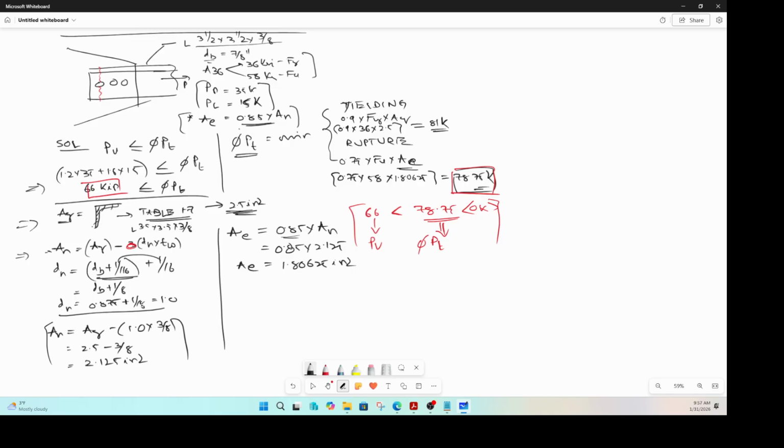So you subtract that, find out your A net. Once you know your A net and A gross, plug your A gross here, and then calculate the yielding strength as that much. Come back here and plug your AE here, and then calculate your rupture strength. The minimum of these two is the design strength. So the minimum of those two is 78.75, which is more than the load, the demand that is coming onto this connection. So this connection is good.